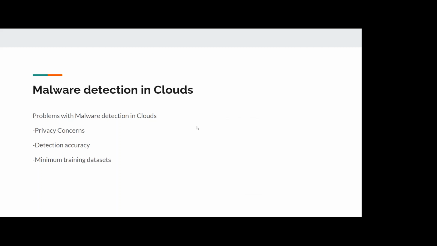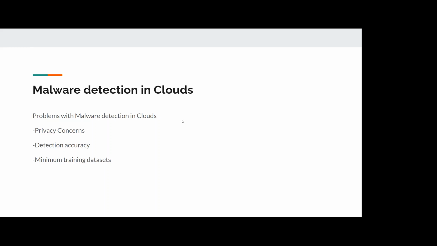There's another deep learning technique for detecting malware in clouds. Problems with detecting malware in clouds using machine learning techniques include privacy concerns, where most software requires access to files that tenants would not want accessed, because they may have sensitive files on their clouds that they don't want anyone to have access to.